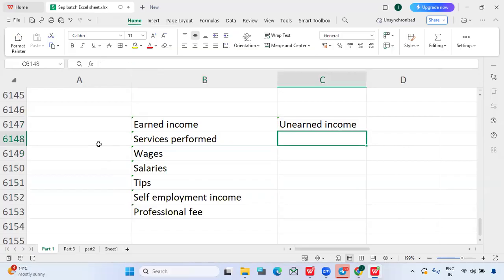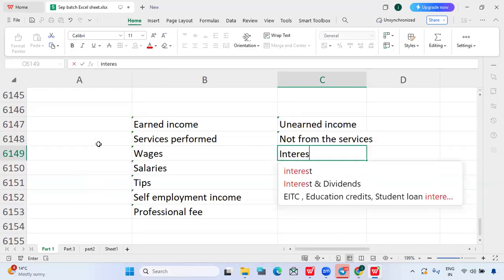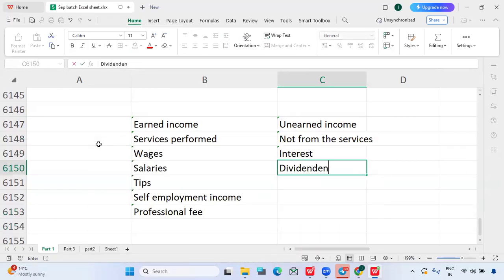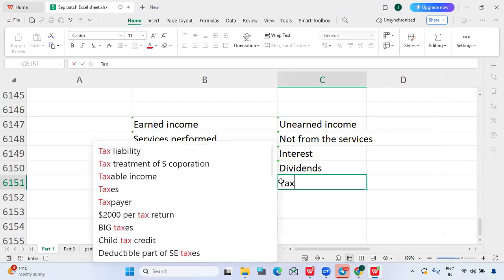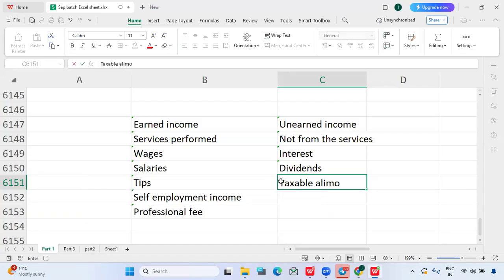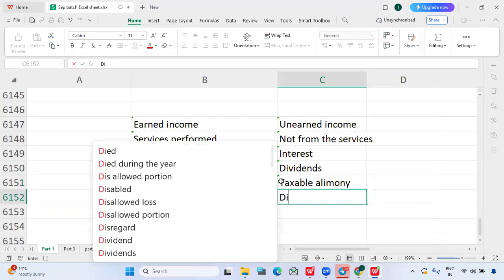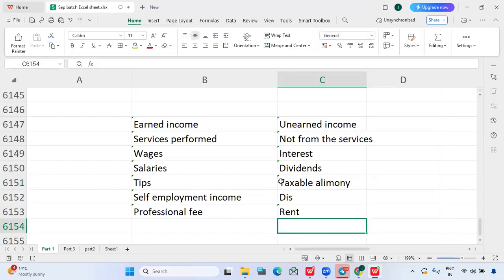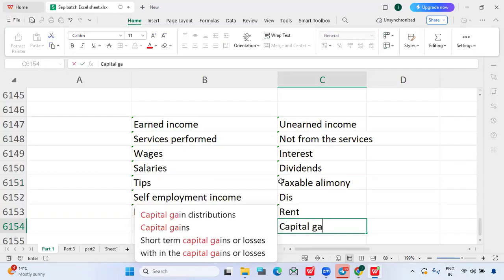The best examples are interest, dividends, taxable alimony, disability benefits, rents, and also capital gains. These are unearned income.